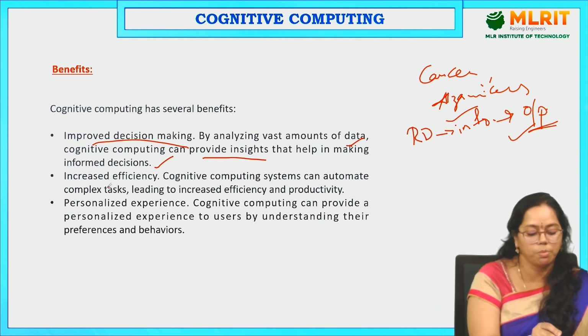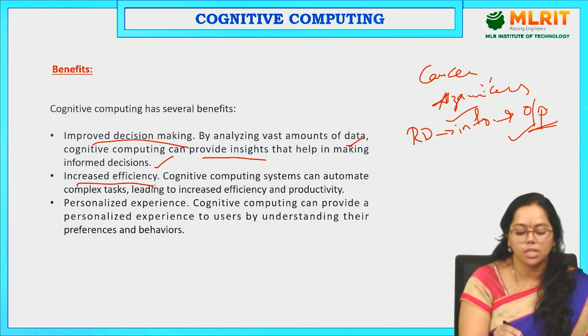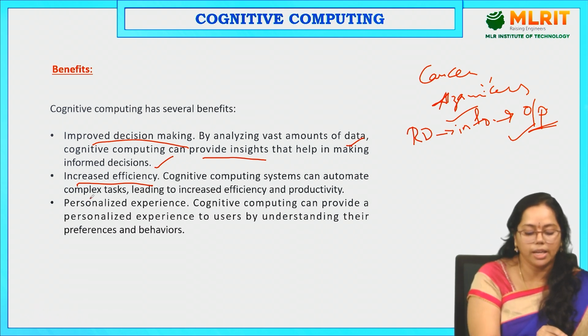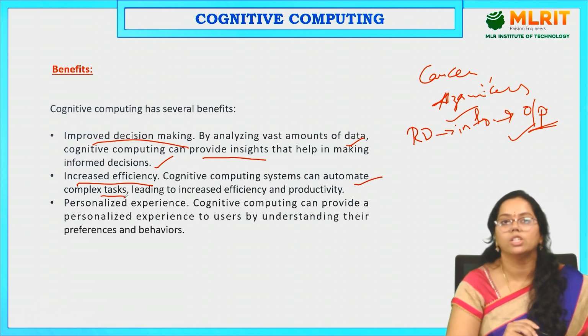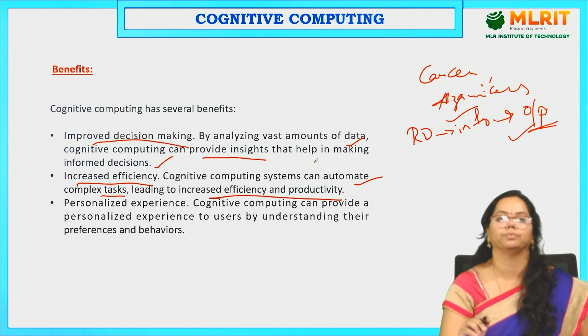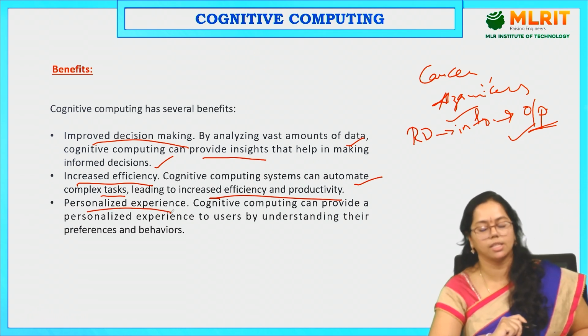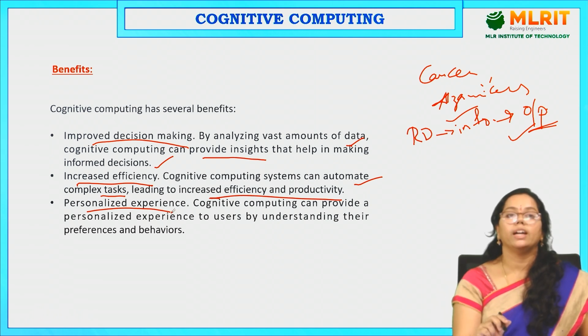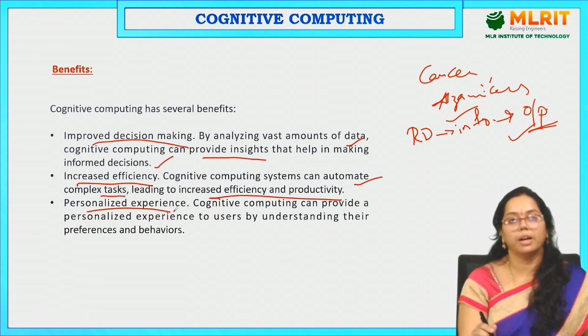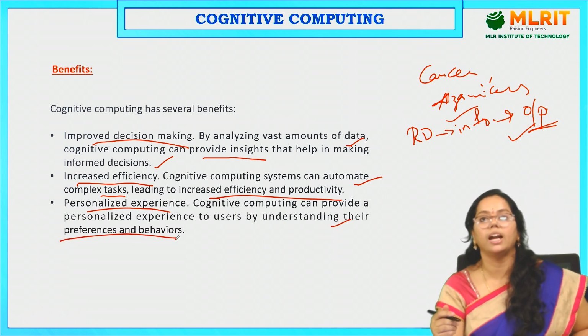Next, what is the next benefit? Increased efficiency. When you are talking about a cognitive computing system, it will automate complex tasks, which leads to increased efficiency and productivity. Right? The next benefit is personalized experience. This provides the experience to users by understanding their preferences and behavior.